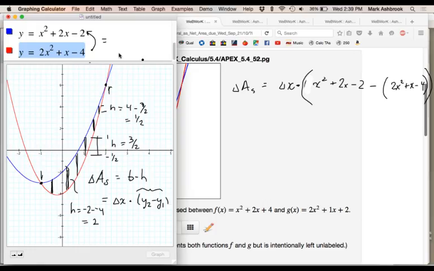Those end up being x equals -1 and positive 2. So we're going to add up all our typical strips, starting at -1 and ending at positive 2. I'm not going to write that out again, but we sum all of those up from -1 to 2, dx.